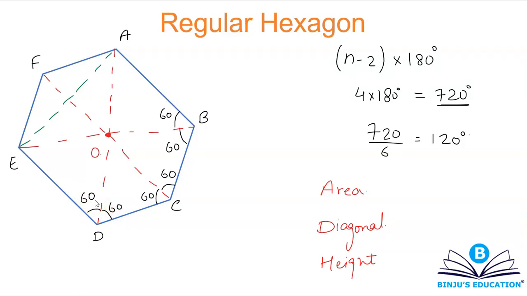Now concentrate on any one of the triangles. For example, I can concentrate on BOC. If I concentrate on BOC, you'll observe that two angles are already 60, 60. So the third has to be 60 because the sum is 180. Likewise, you'll observe that all the remaining 5 triangles are also equilateral triangles.